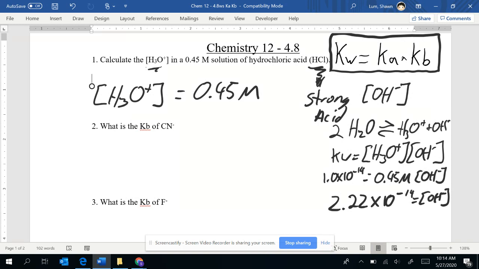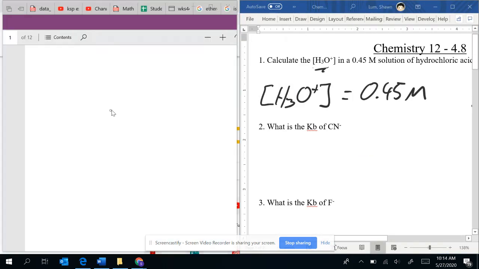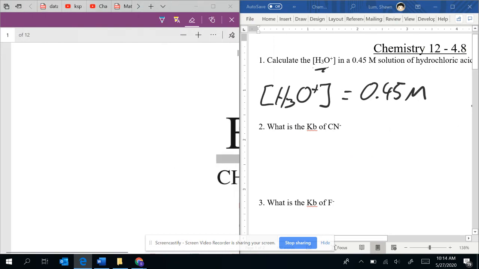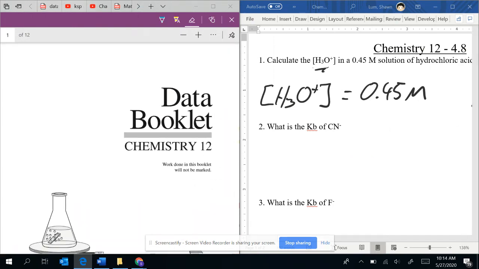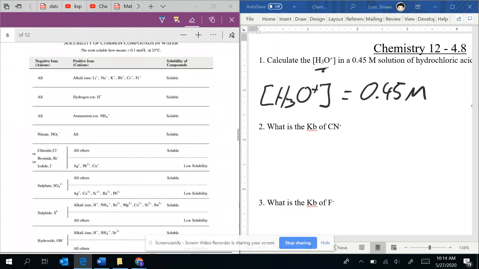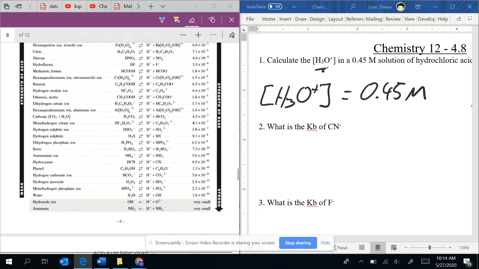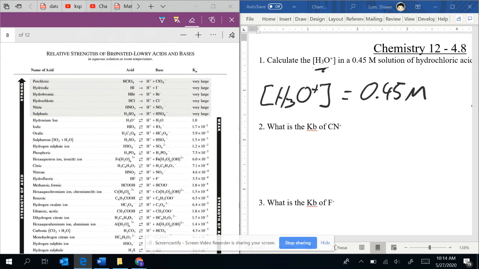Now we're going to be looking at calculating Kb. I'm going to split screen this, and we have our data booklet right there. I'm going to go all the way down to the section for acids and bases and their Kas.